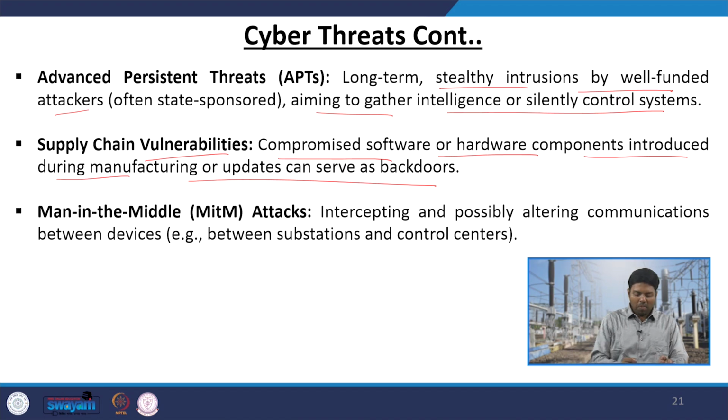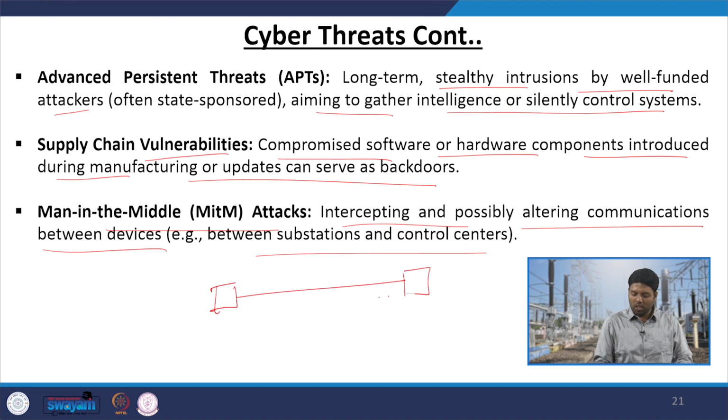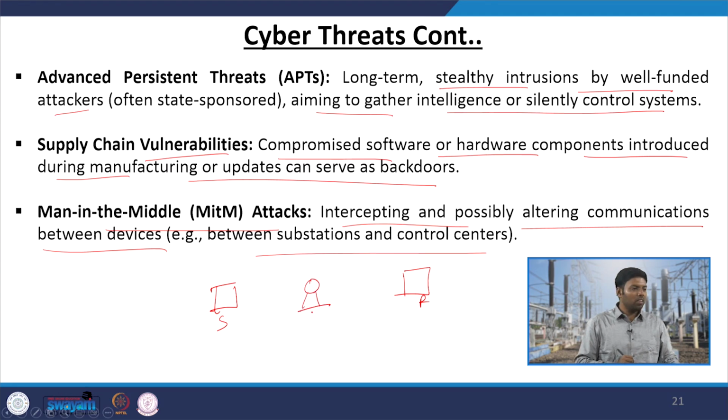Okay. Then man in the middle attack, that is intercepting and possibly altering communication between devices, between substation and the control center. Let us say this is your sending end and this is the receiving end; the data should go directly there. But sometimes an attacker, a human being, comes inside.